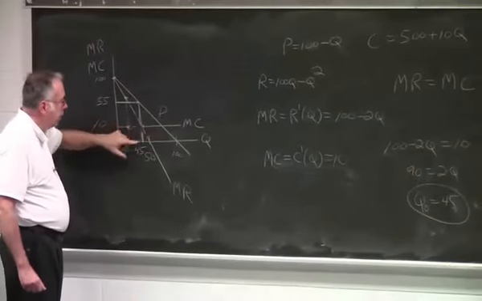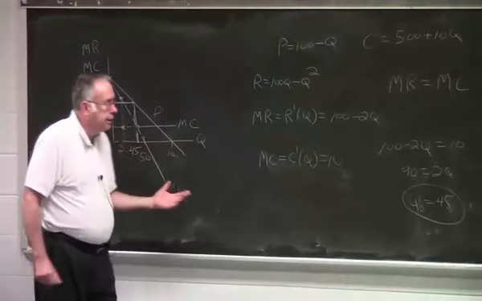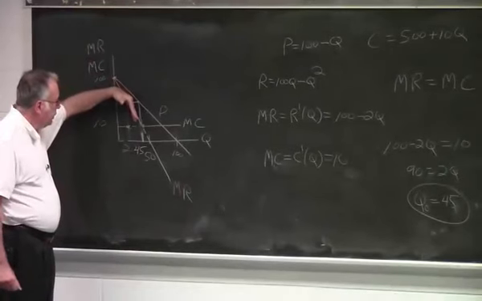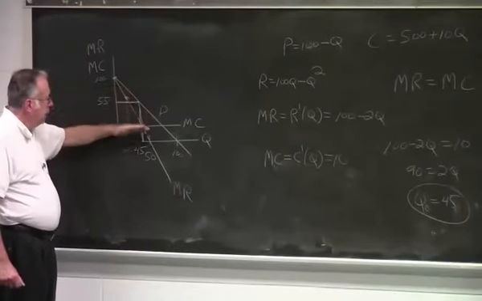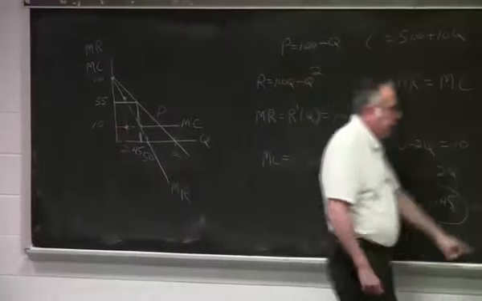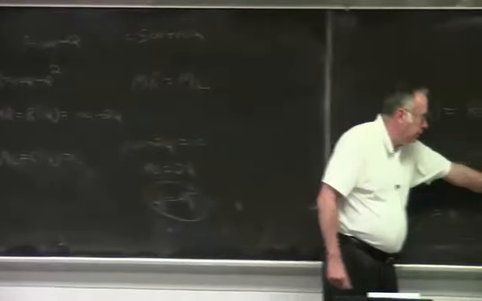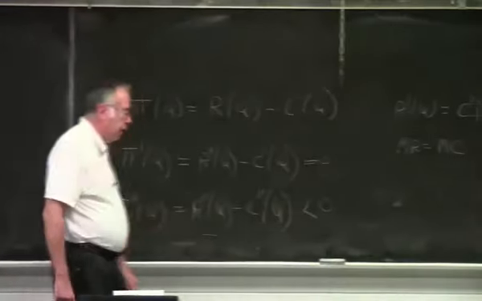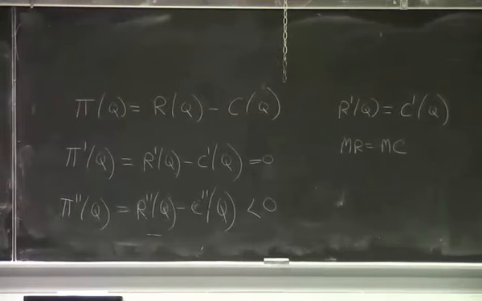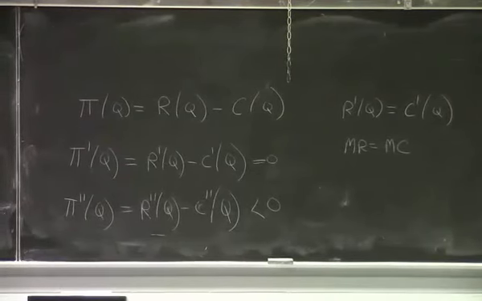So that guarantees that the second order condition will be satisfied. In this example, the slope of marginal revenue is negative and the slope of marginal cost is 0, so you have a negative here and a 0 here, so it's satisfied. The only case where the second order condition wouldn't be satisfied is if you had a funny case like this.